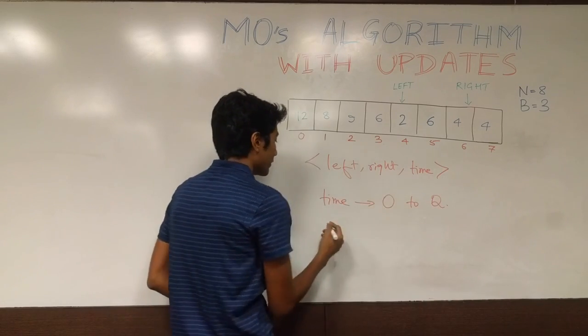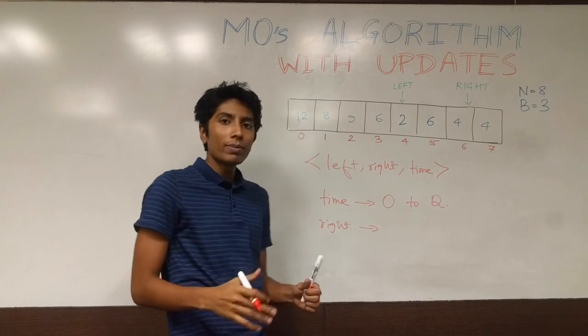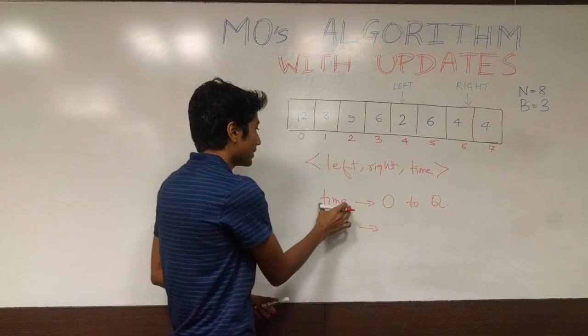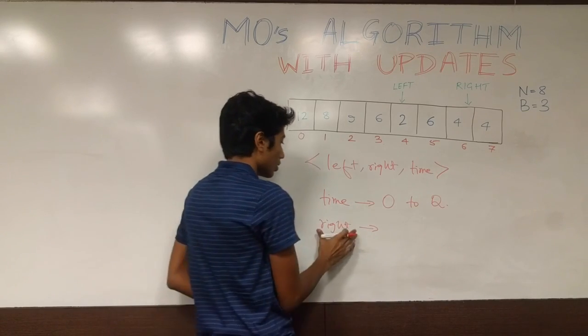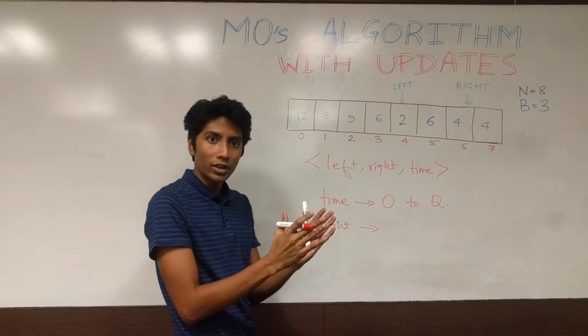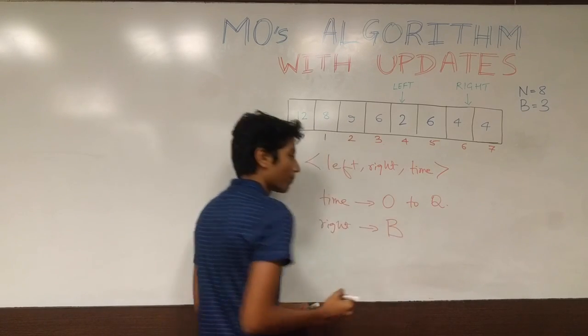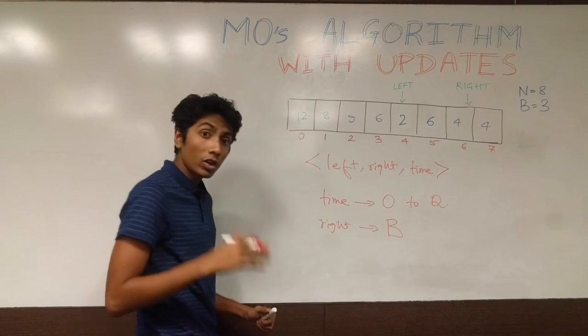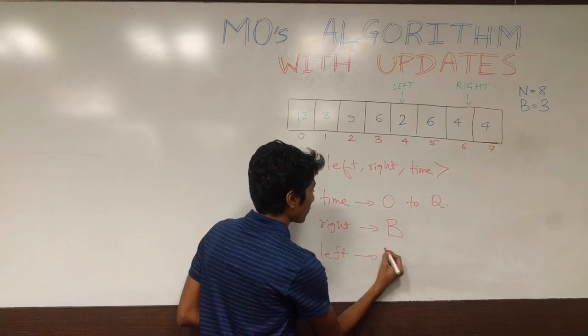Now what about right? Right and left will be sorted in such a way that this behavior can be allowed. So the right pointer will be constrained by a block of size b. The left pointer will also be constrained by a block of size b.